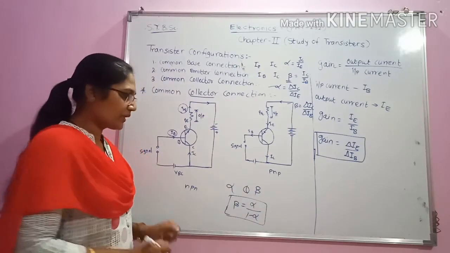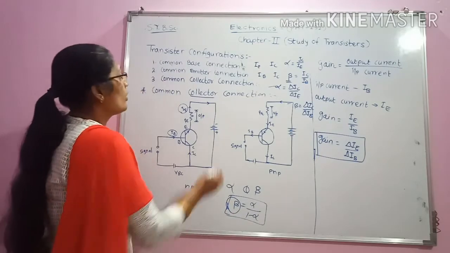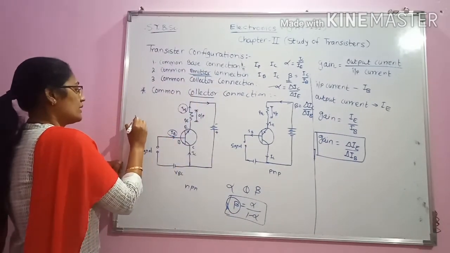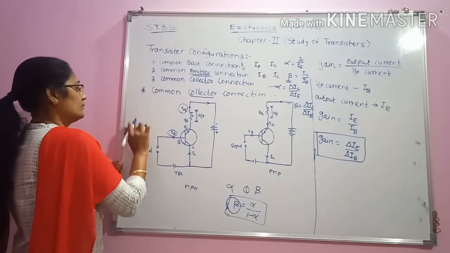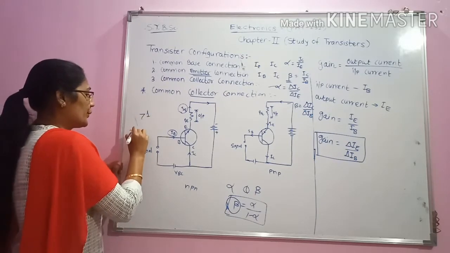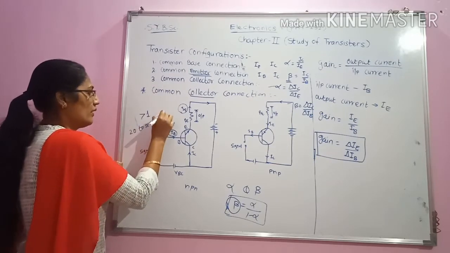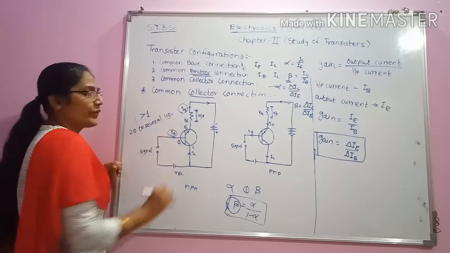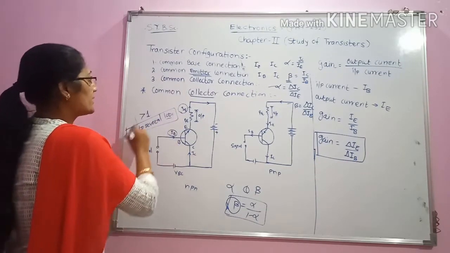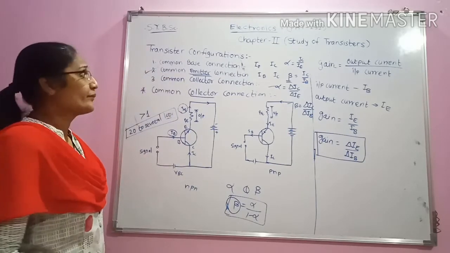We have observed that the current amplification factor in case of common emitter is greater than 1, and it is in between 20 to several hundreds, and hence in most of the circuits the common emitter connection is applied.